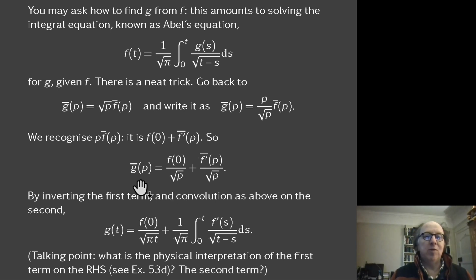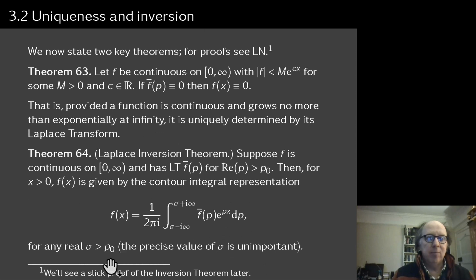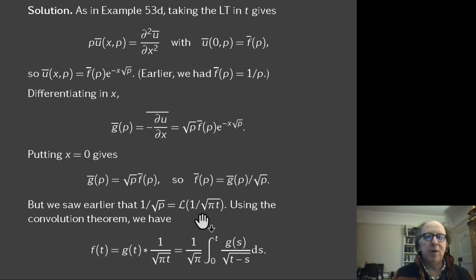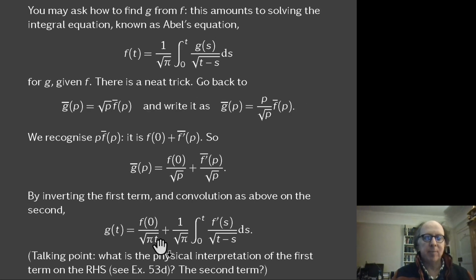And that means, therefore, that g bar is f of 0 over root p plus f primed bar over root p. And now we can just apply the result we had before. G is f of 0 over root pi t. That 1 over root pi t is the inverse of 1 over root p.